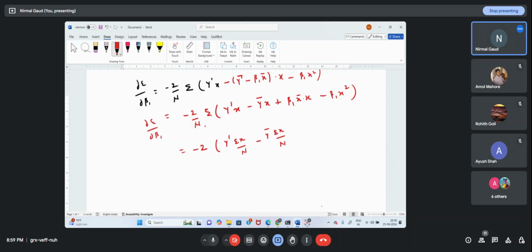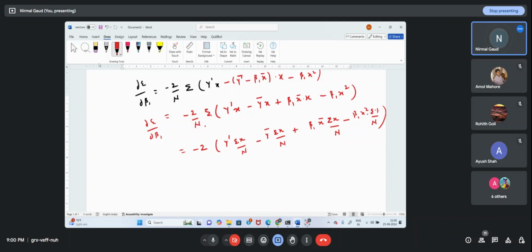With these two terms I did, plus beta 1 x bar, if I take summation of x divided by n here, minus beta 1 x square, summation of x square, like this.